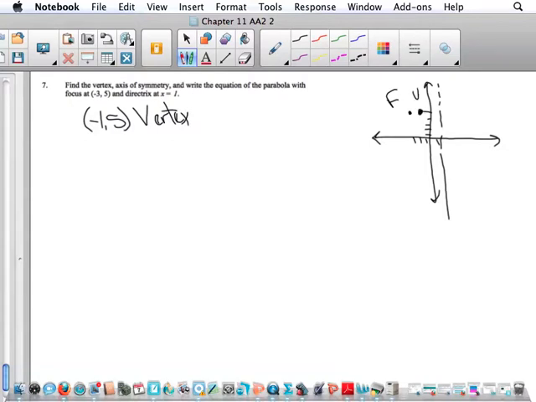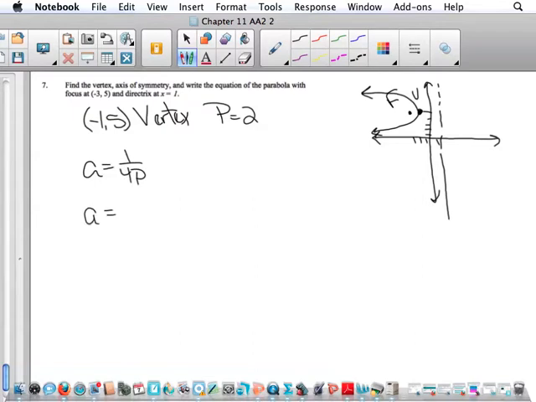Okay, so there's my vertex. I know that it opens to the left. I know that it is p units between the vertex and the directrix, or the vertex and the focus. So I have my vertex. I need to find the value of a. Remember, a is equal to 1 over 4p.